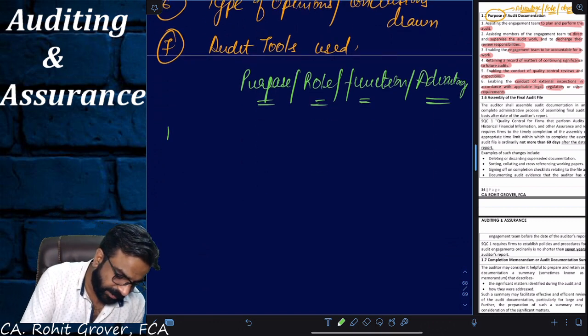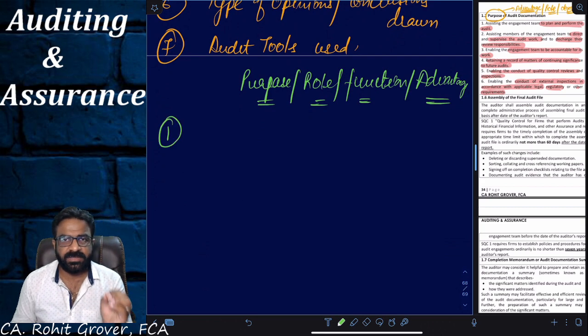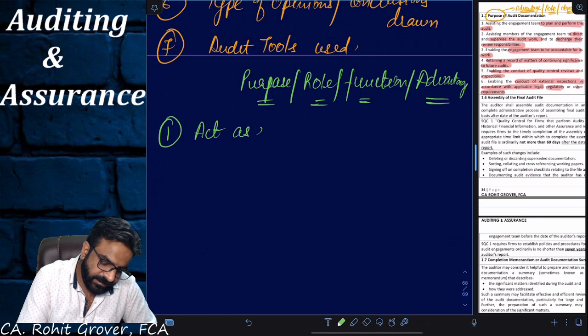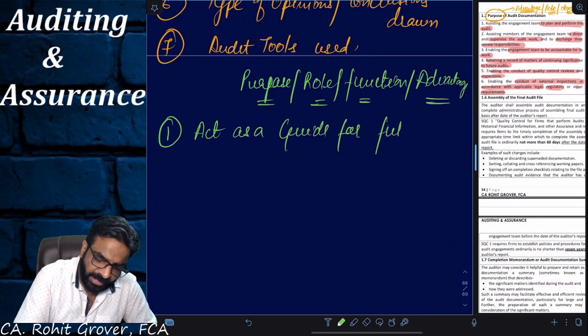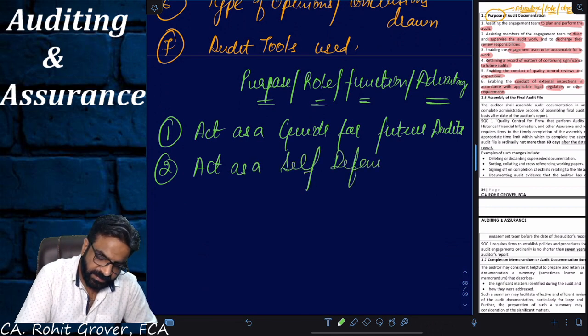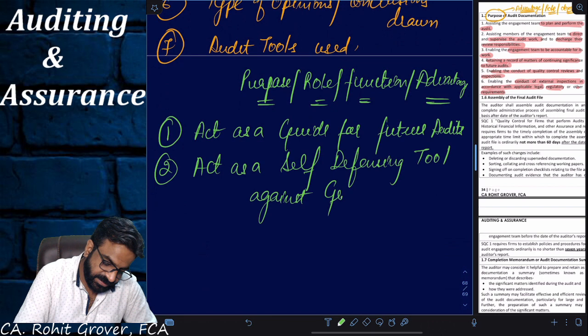Now, point number 1, everyone, what is the first advantage or first purpose? Act as a guide for which audit, everyone? Future audit. I'm going to write it in a simplified manner. It acts as a guide for future audit. Now tell me, does it act as a self-defensing tool also? Yes, sir. Yes, it acts as a self-defensing tool against gross negligence charges.